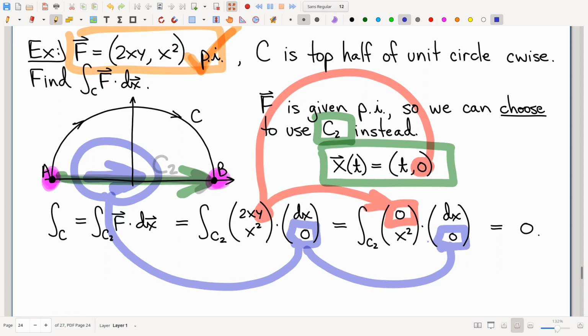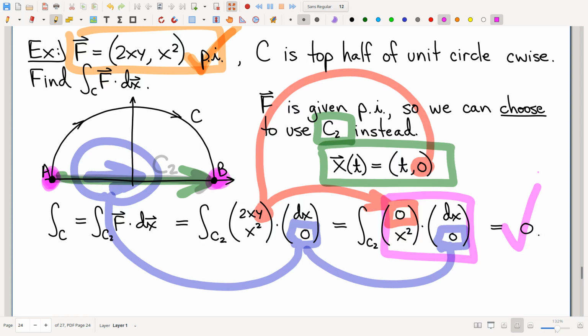Part of the reason why I chose a nice, straight, flat, convenient curve, right? And so the initial question that I was asked boils down to computing this line integral. Notice that dot product's immediately 0, therefore this integral is 0, and we're done. We walk away. I didn't have to really do hardly any actual work at all, right? Just make a clever use of path independence and a clever choice of a new replacement curve.